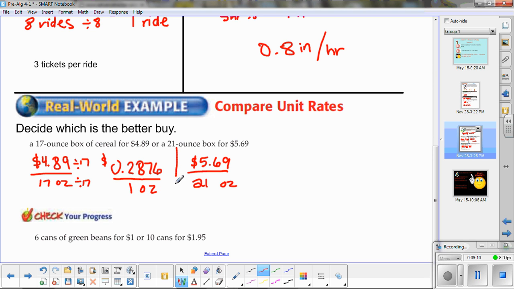I'm going to just draw a line here so these two things don't get run together. Now, the $5.69 for 21 ounces, I'm going to divide by 21 to find out how much it is for 1 ounce. $5.69 divided by 21.